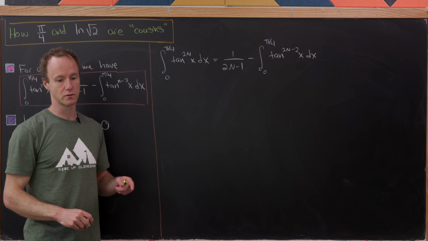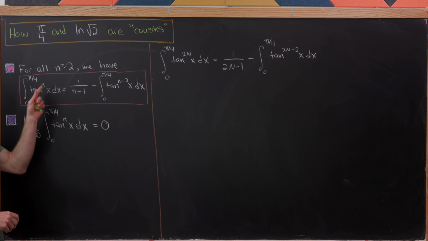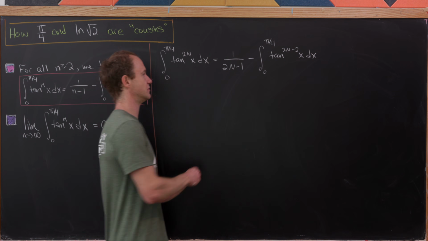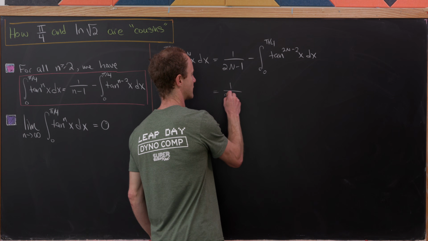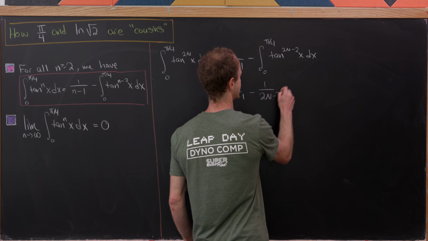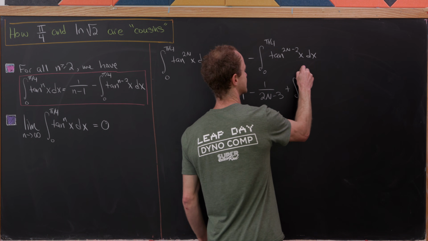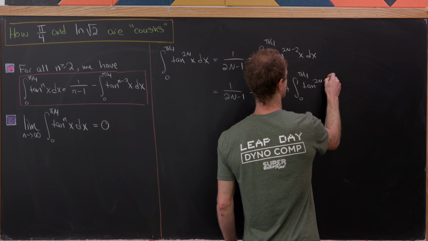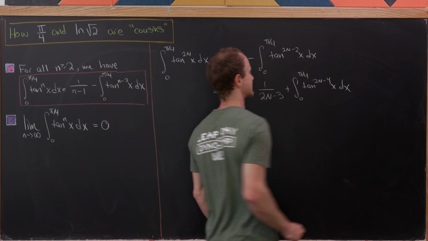Now we can apply this rule again, where the role of this lowercase n is now 2 times capital N minus 2. So that's going to give us 1 over 2N minus 1 minus 1 over 2N minus 3 plus the integral from 0 to pi over 4 of tangent to the 2N minus 4 of x dx.